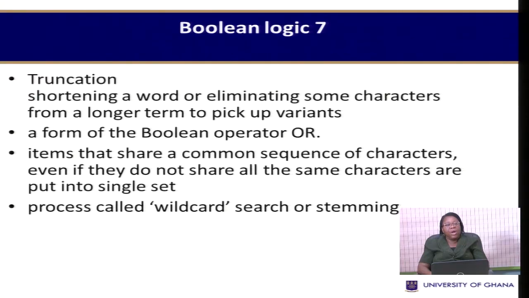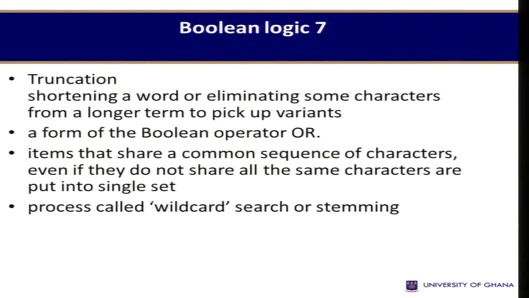Ladies and gentlemen, another search strategy is called truncation. Truncation refers to the shortening of a word or eliminating some characters from a longer term to pick up variants. It's a form of the Boolean operator OR. It's also called the wildcard search.